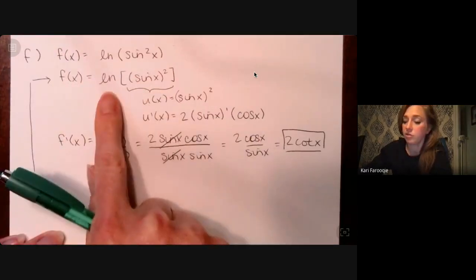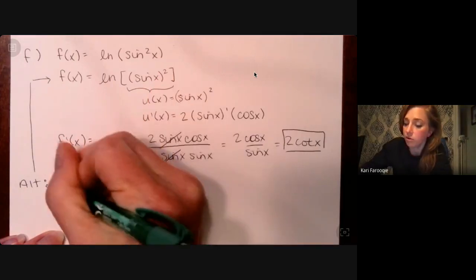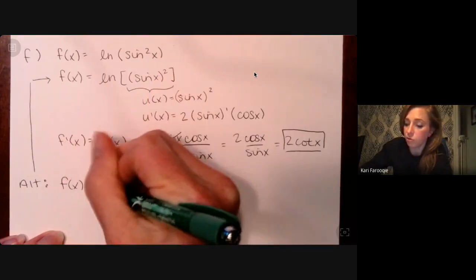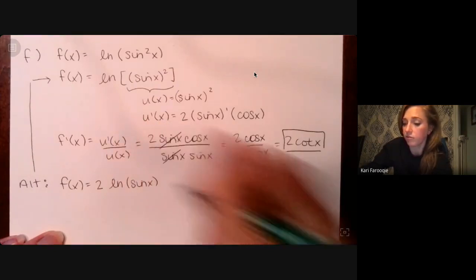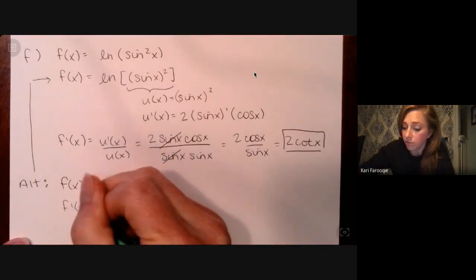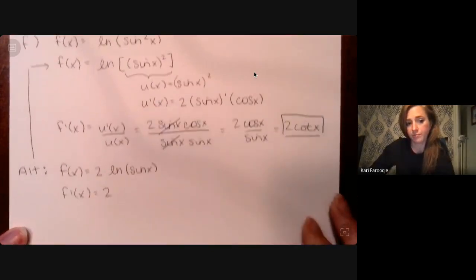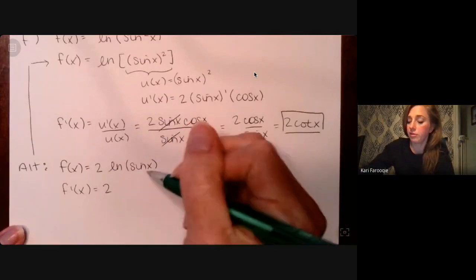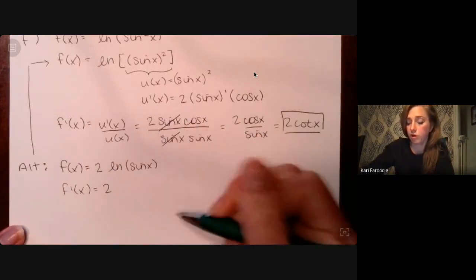You probably would have recognized that right here. So you're taking the natural log of some quantity to a power. That means that you can rewrite f of x as twice the natural log of sine x, because the square is being applied to the argument inside the natural log. And then to get f prime, you're taking twice, so there's your constant multiple, and then the derivative of the inside function divided by the original, so u prime over u.